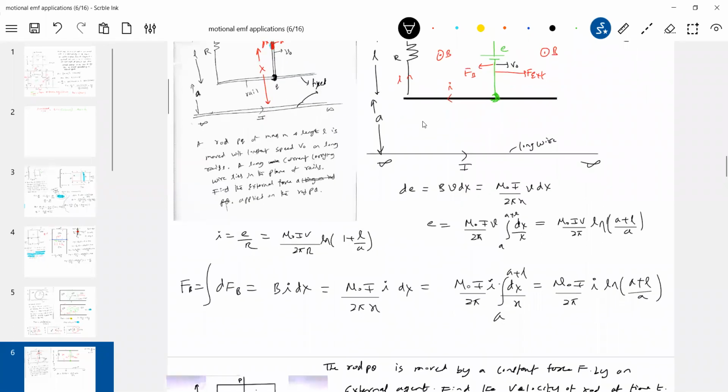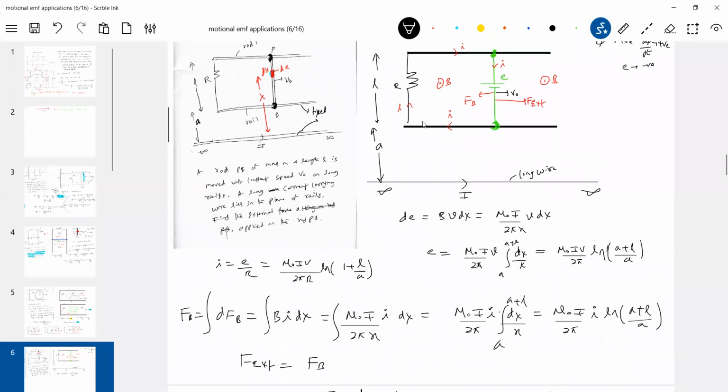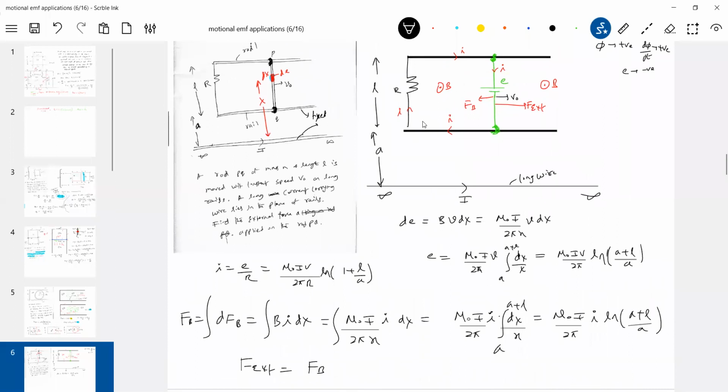And what should be the external agent force? This external agent should apply a force equal to this one. Just see once. Now where should you apply it? At the midpoint. Now we'll apply force at the midpoint.